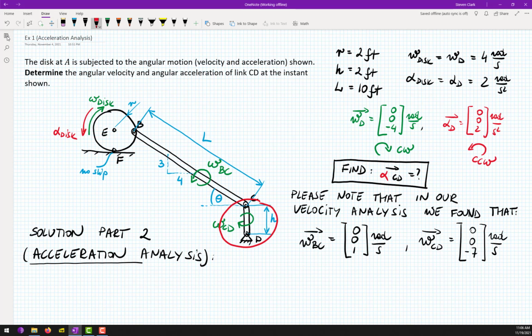That's why I pre-recorded that video, so that we know omega BC and omega CD. Now we know every velocity in the system, so we can run acceleration analysis. Just keep that in mind. That was probably the most important sentence of today.